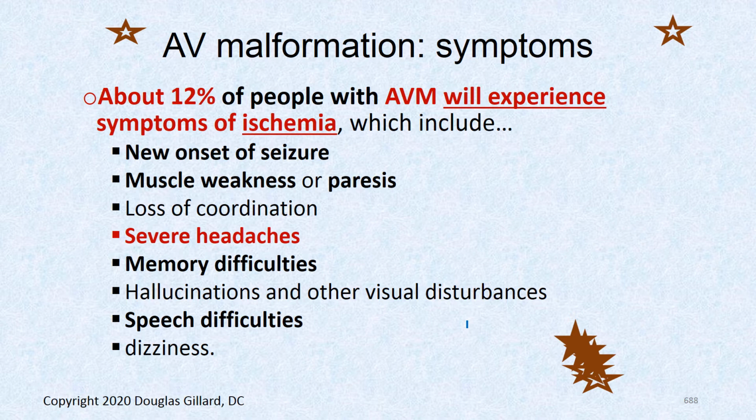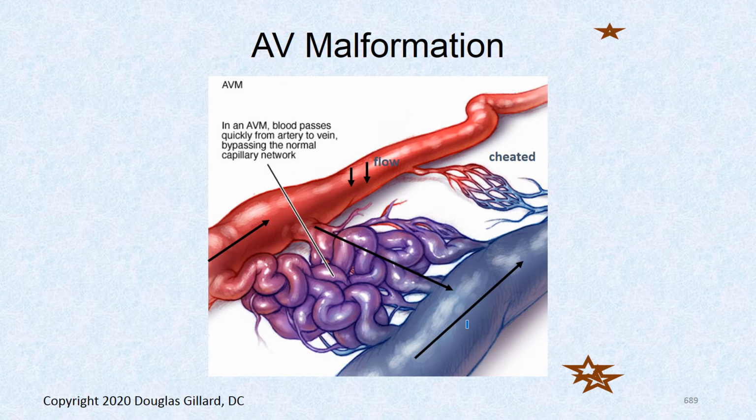We've got ischemia of the brain, it's not a good thing, so they might have a seizure. They could have paresis or paralysis or palsy of a cranial nerve, loss of coordination, severe headaches, memory problems, hallucinations, speech difficulties, dizziness, kind of the usual suspects up there.